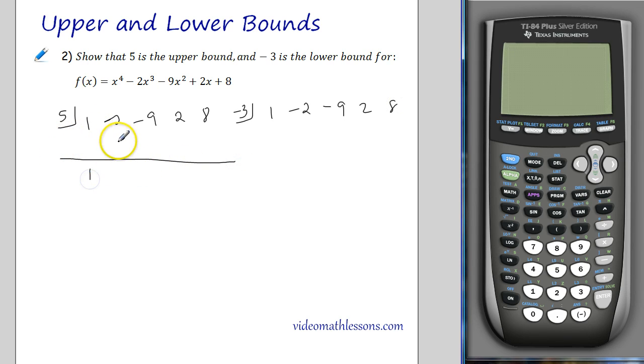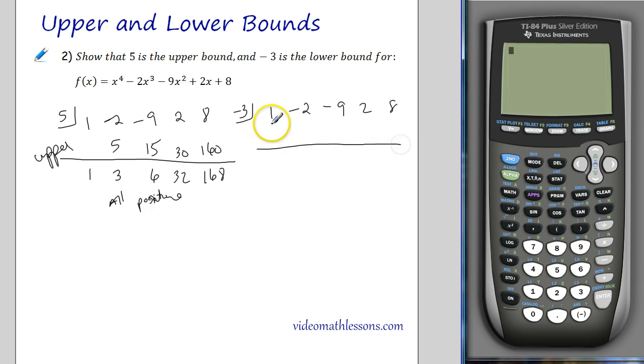Bring down, we got 1, 5, 3, 15, 6, 30, 32, 160, and 168. All positive. That's what I'm looking for. Therefore, this is the upper bound.